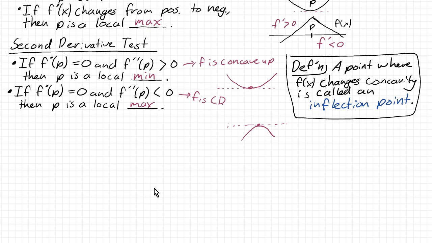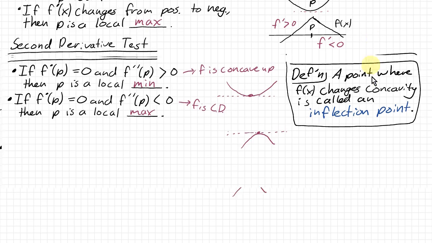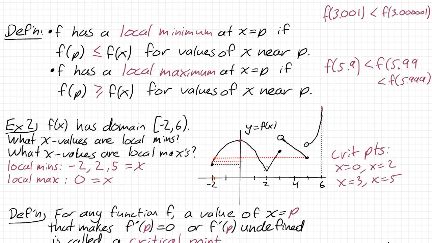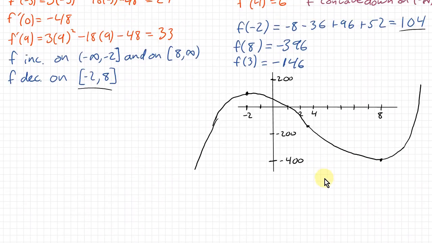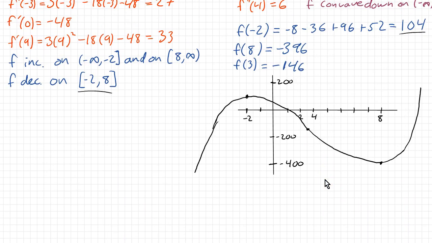One more thing I need to mention before this next bigger example is that a point where f of x changes concavity is called an inflection point, meaning where it goes from concave up to concave down or vice versa. It's a term we use sometimes. We have one back up here where we did this one.